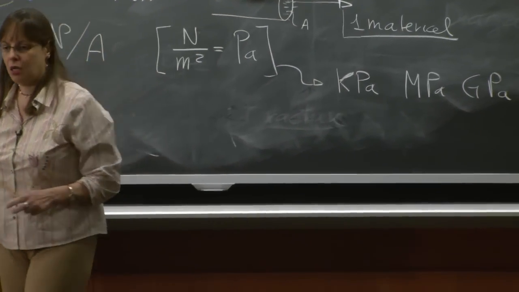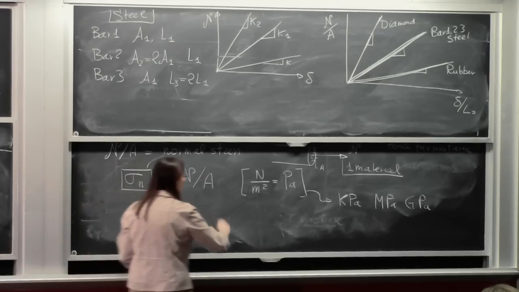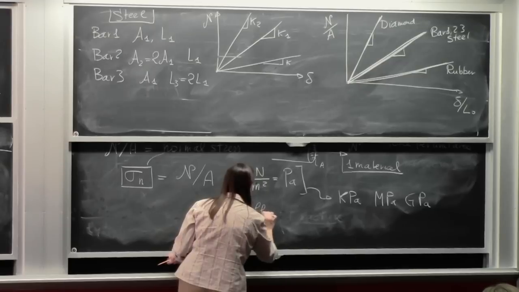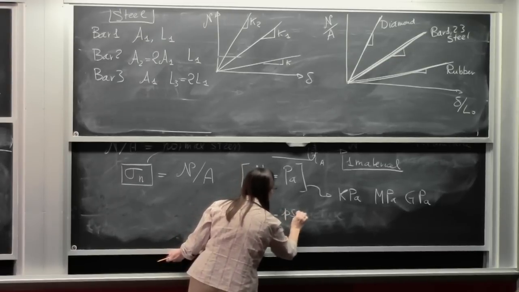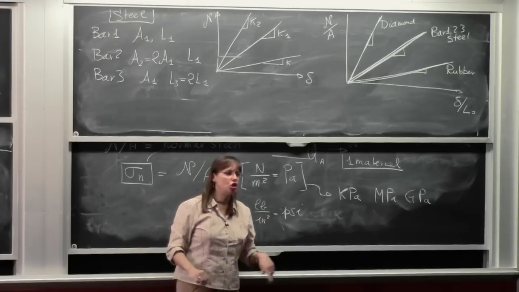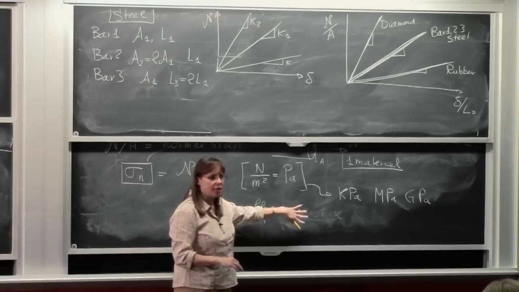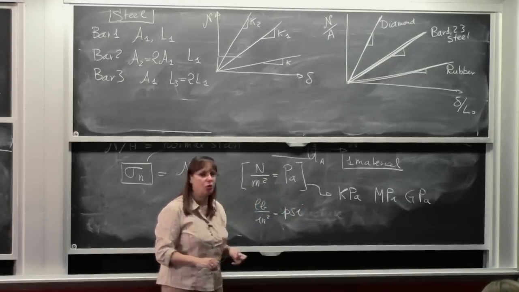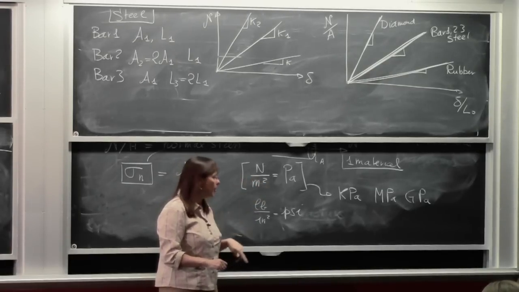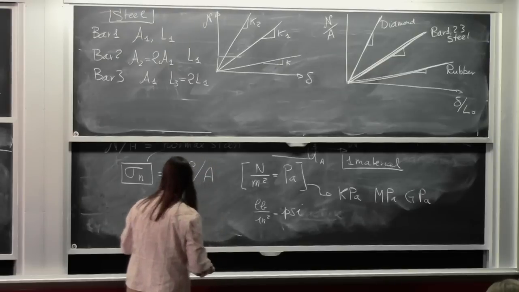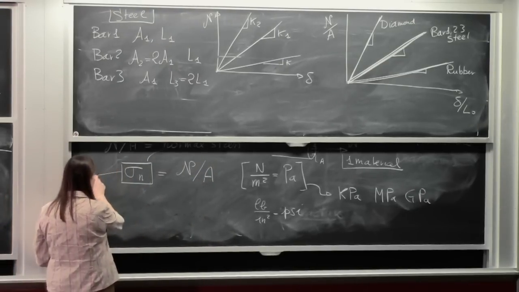The pounds and stuff units, instead of being Newton per meter squared, are pounds per square inch. These are called PSI, pound per square inch. 1,000 PSI is a KSI, and so on. I really am not going to use these guys much in 201. We're going to mainly use SI units for stress.